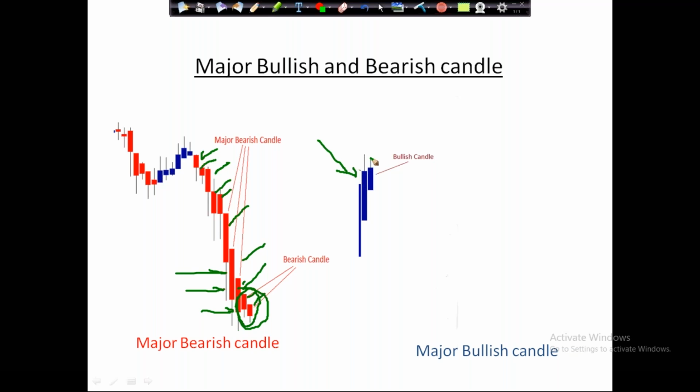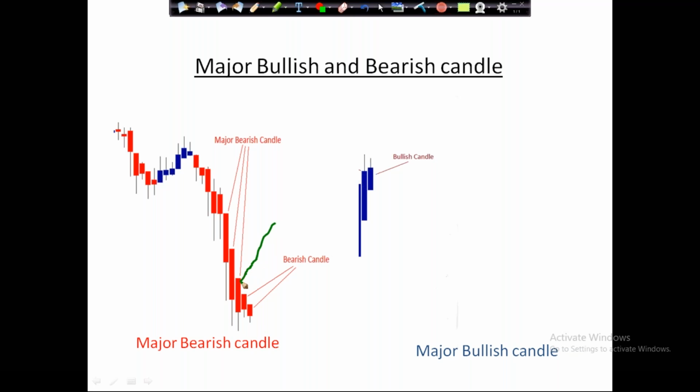After that, this candle failed to break the previous higher point, so we are not recognizing it as a bullish momentum candle. It is an uptrend bullish candle, everybody knows, but its strength and momentum are very weak. Is it clear?